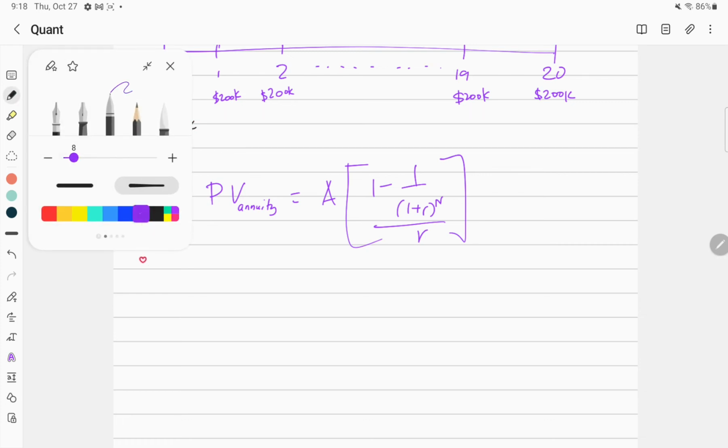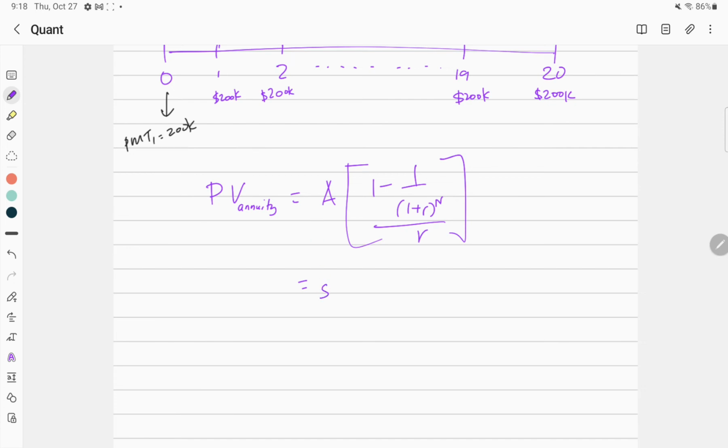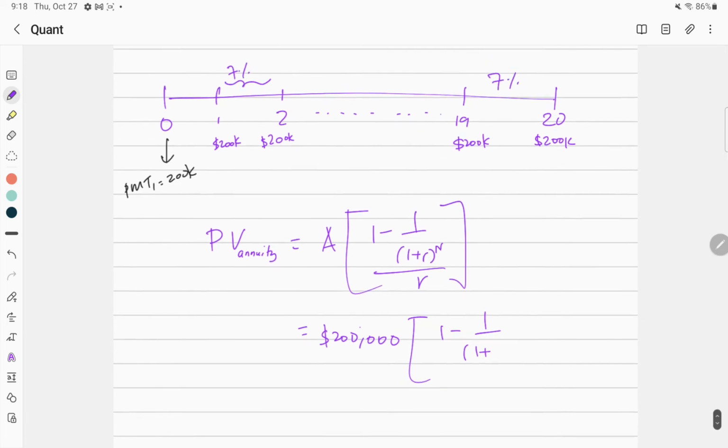Okay, so annuity amount 200,000, times 1 minus 1 over 1 plus our interest rate 7%, 0.07, raised to... Now the trick is, what's n? Is n 20 or 19 or some other number? So let's think about this as an ordinary annuity. An ordinary annuity is where the first payment occurs at t equal to 1.